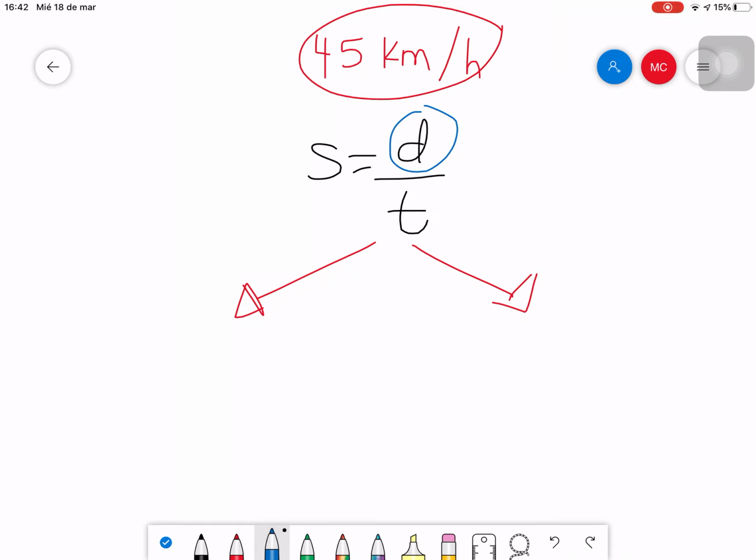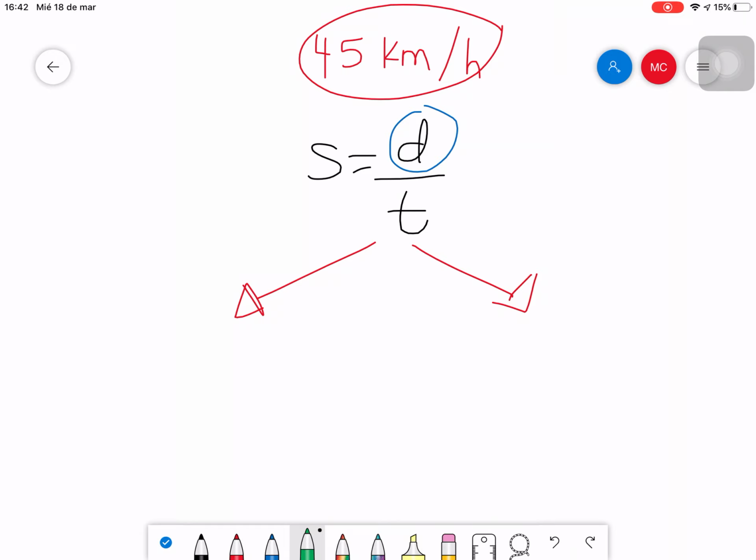What do I need to remove from this side of the equation in order to leave the D letter alone? I need to remove this T, right? This T is doing what to the D? It is dividing. So if I want to leave the D alone, I need to move this T to the other side. And if it is dividing, it's going to go to the other side to multiply, right?